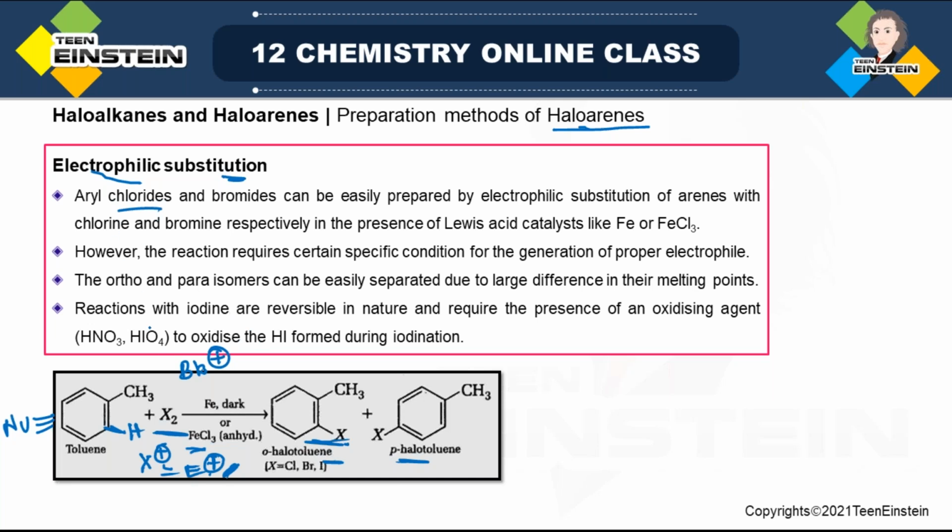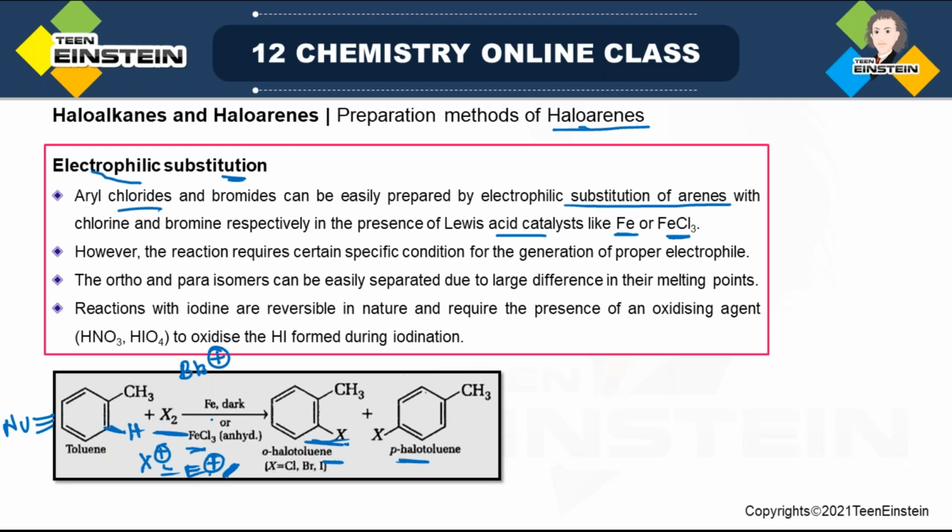So for that purpose, if you want to make chloride, you have to use chlorine, that is Cl2, and if you want to make bromoarene, then it will be bromine that you have to use. Can be easily prepared by electrophilic substitution of arenes with chlorine and bromine respectively, according to what you are trying to make, in presence of Lewis acid. And the Lewis acid may be directly, you can take the iron metal in dark, or you can take FeCl3.